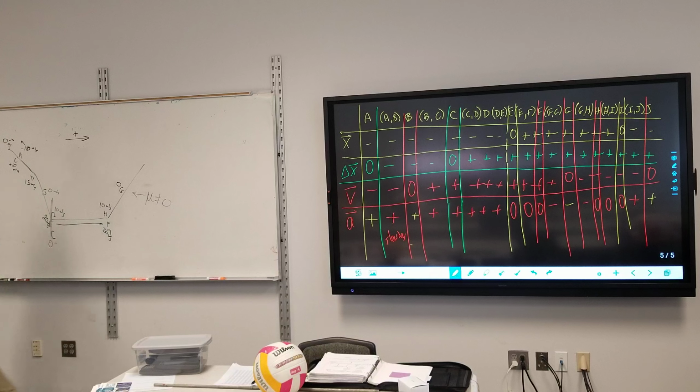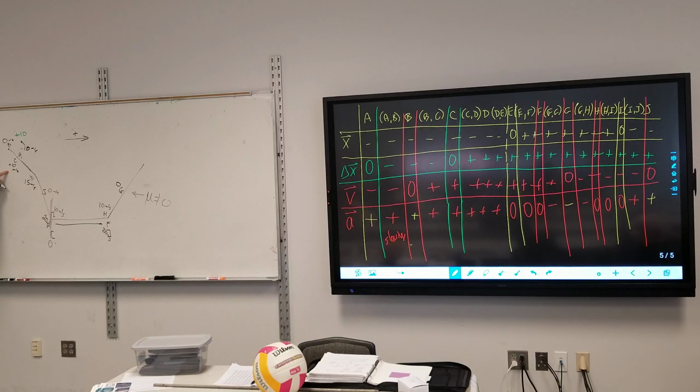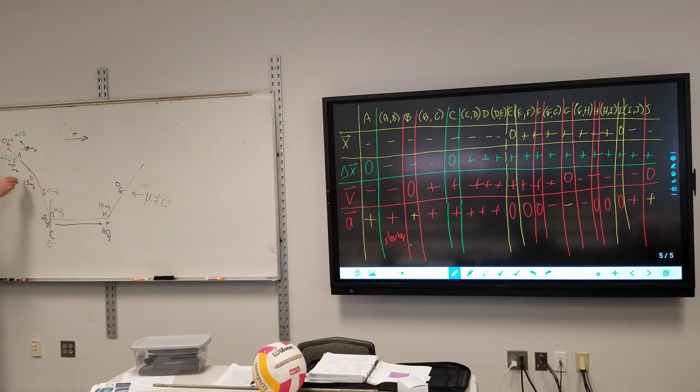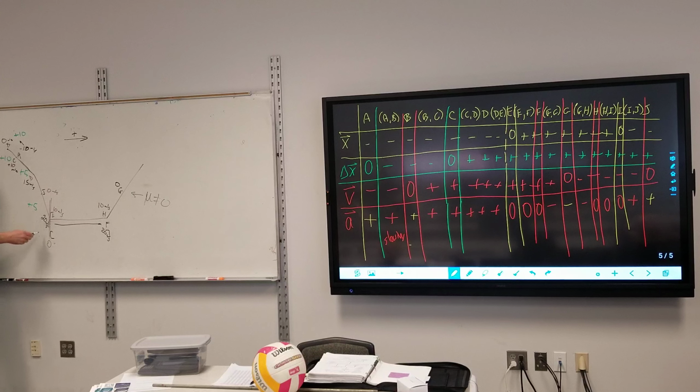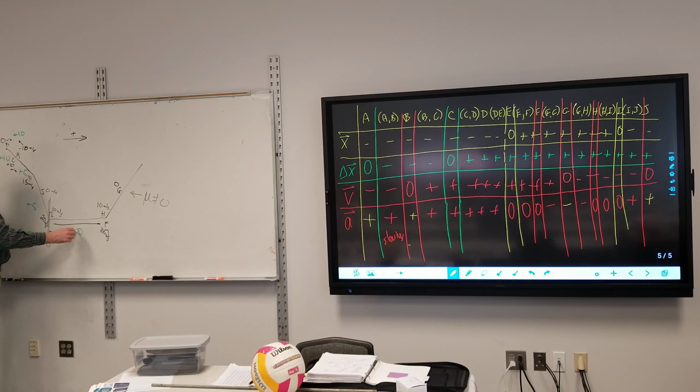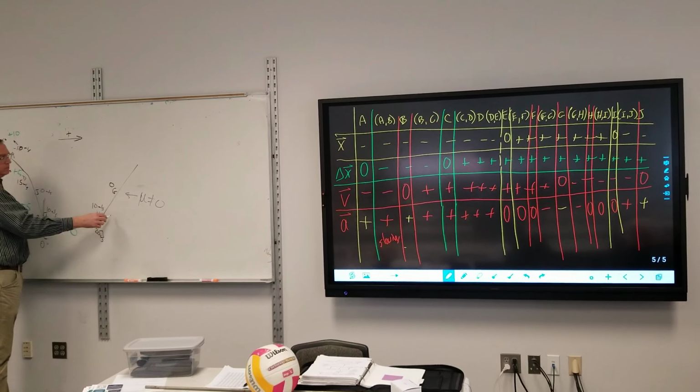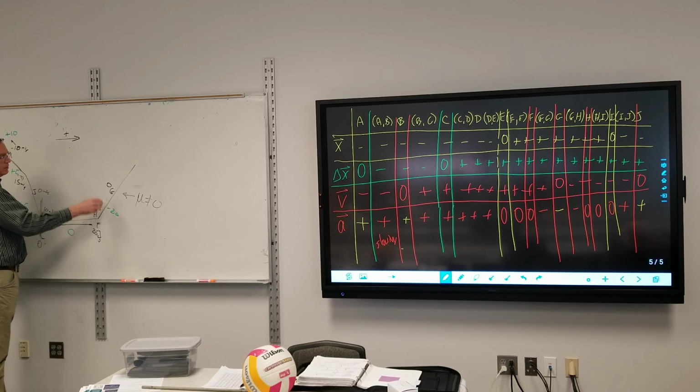So now let's take a look at the change in velocity. When I go from negative 10 to 0, what is my change? When I go from 0 to positive 10, what's the change? Positive 10. From 10 to 15? Positive 5. From 15 to 20? Positive 5. From 20 to 20? 0. From 20 to 0? Negative 20. 0 to 10?